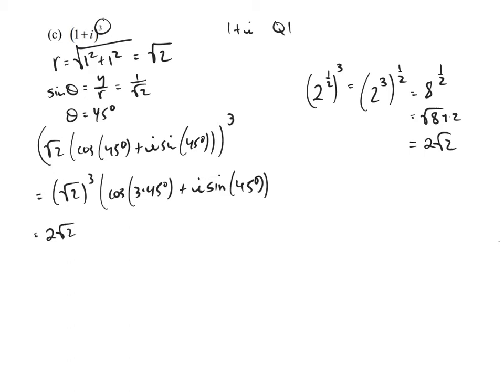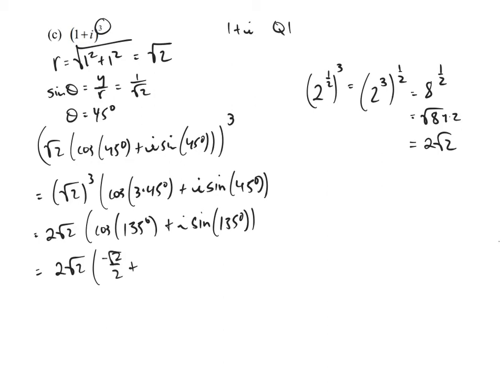And then cosine of 3 times 45, which is 135 degrees, plus i times the sine of 135 degrees. And we did 135 degrees back in example A, so you can look back there for the discussion of the fact that cosine of 135 is negative square root of 2 over 2 plus square root of 2 over 2i. And now something really good happens whenever we distribute.